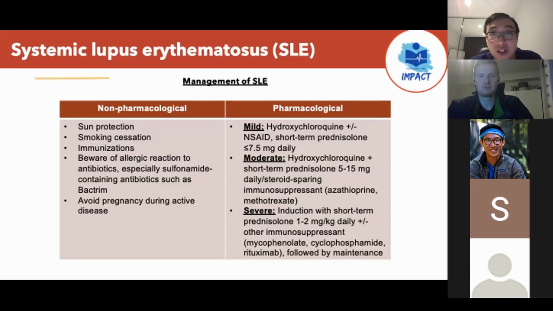Does anyone know any side effects of Plaquenil? There are 3 that I have in my head. Yes, retinopathy, cool. Yep, visual problems, retinopathy.